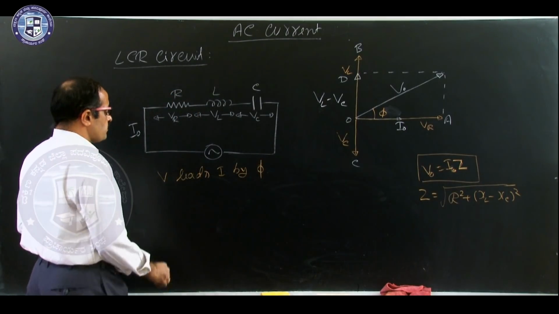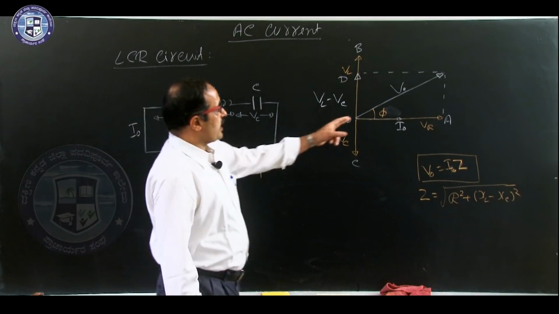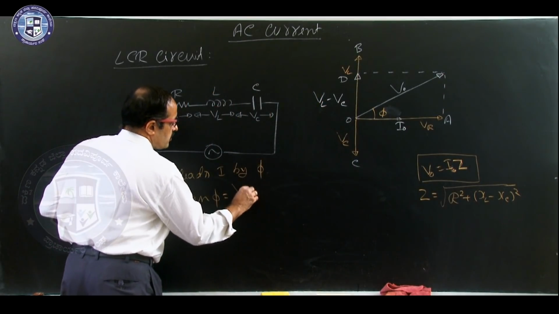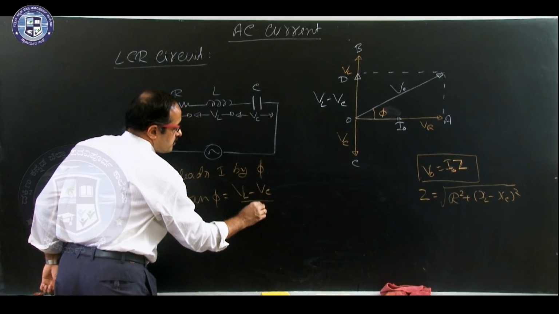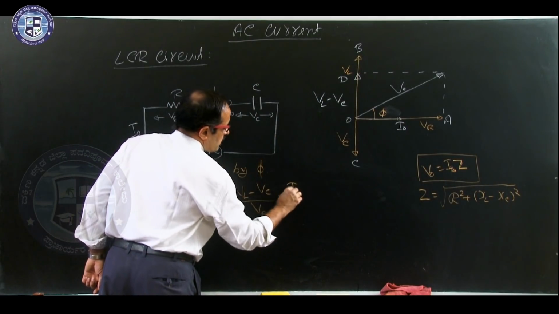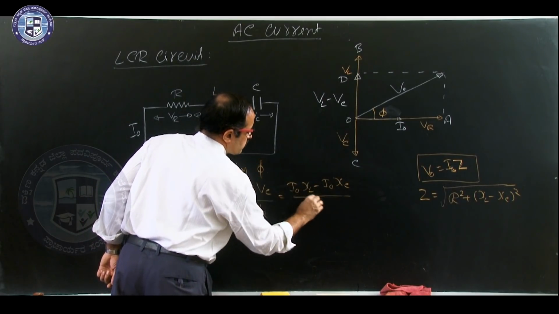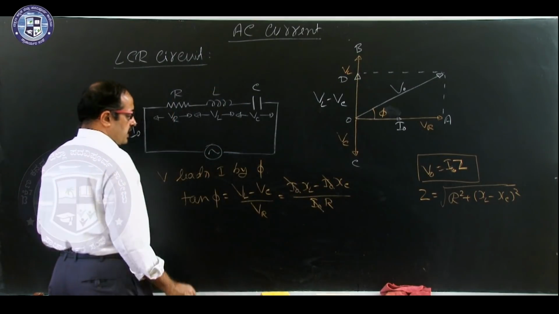And how to find phi? Tan phi. Tan phi is equal to the opposite side. What is the opposite side? VL minus VC divided by the adjacent side VR. That is I naught into XL minus I naught into XC divided by I naught into R. I naught is a common term, we can cancel.